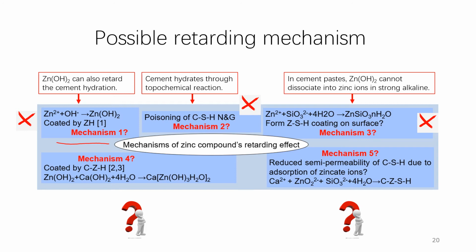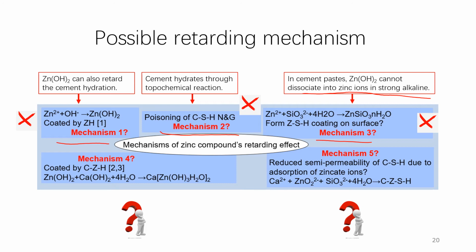cement hydration. For the second mechanism, if we consider that the cement hydrates through a topochemical reaction, then this mechanism can also be excluded. For the third one, we can see that the zinc hydroxides cannot dissociate into zinc ions in strong alkaline conditions, so this mechanism can also be excluded.